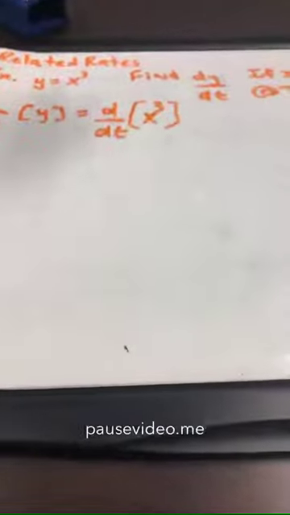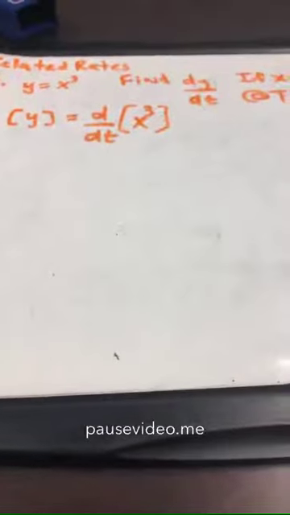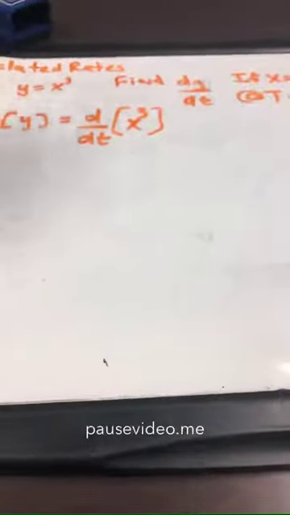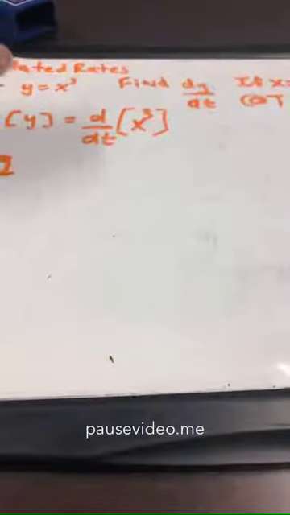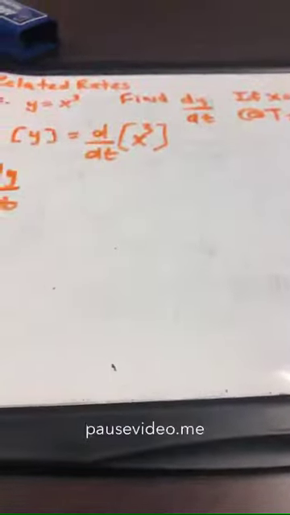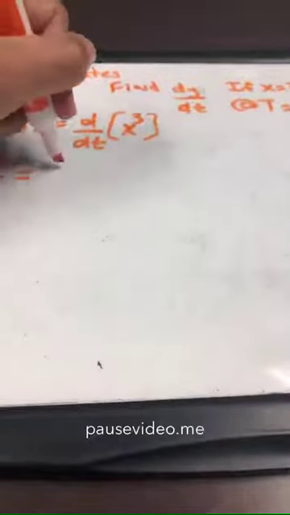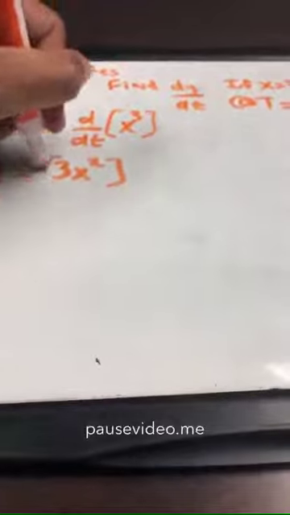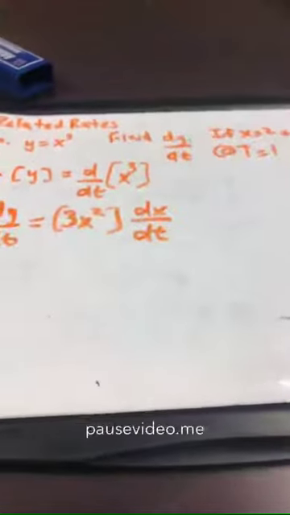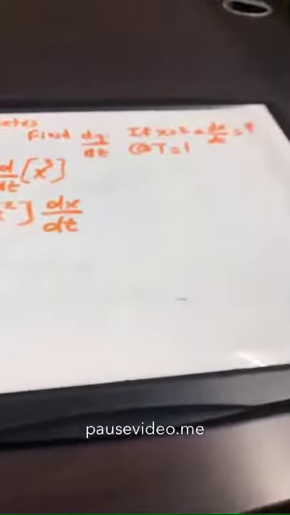So we know on this side, the left-hand side, is going to become dy/dt. And then on the right-hand side, it's going to be 3x squared dx/dt.